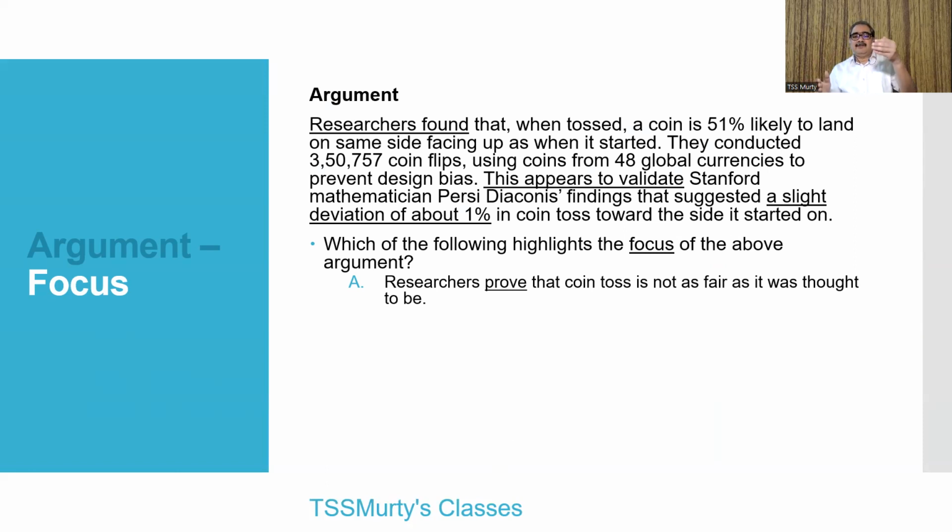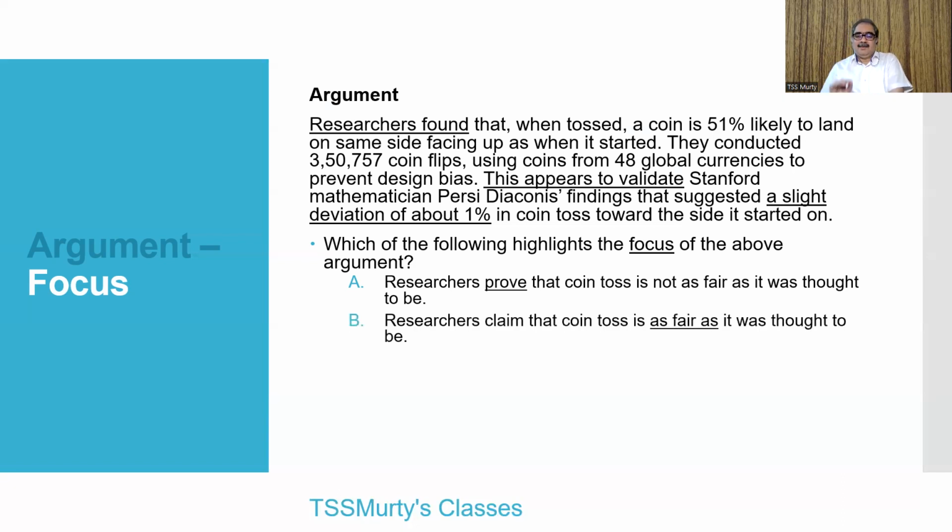If researchers found that deviation and almost the same thing is observed in the Stanford mathematician's findings, both are more or less the same. So researchers prove that coin toss is not as fair as it was thought to be. That could be a possible focus of the argument, that this deviation exists.